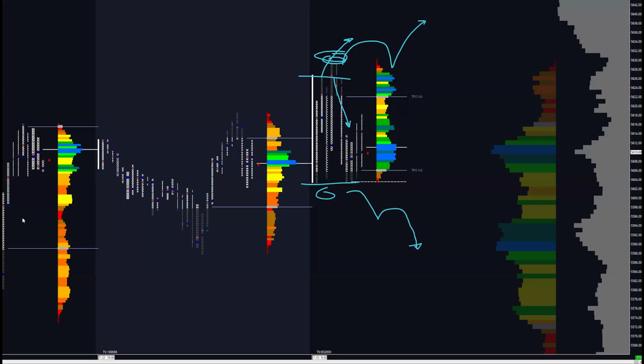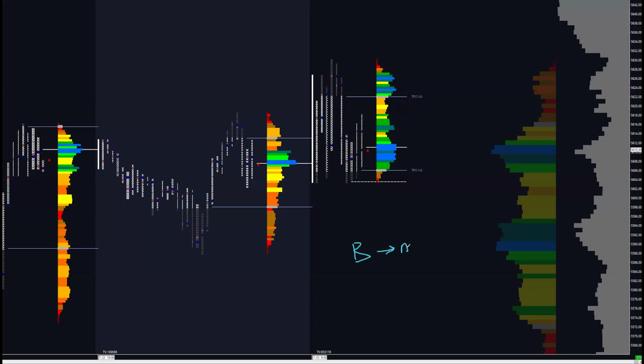And then finally, if we're looking at the creation of poor lows or poor highs, these failed auctions, you're going to see a reversal and a potential reversal for the following day should that close that way. And our most forgotten rule, if we're looking at the IB, if B period does close with an A period, we're most likely going to see, what are we going to see? Probably just a choppy, crappy day trading day.